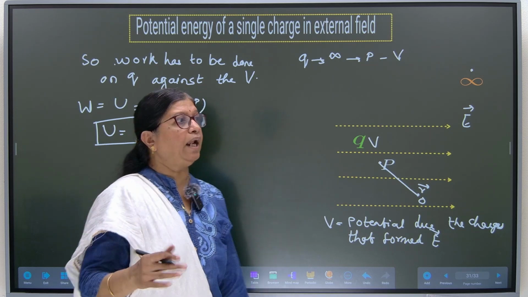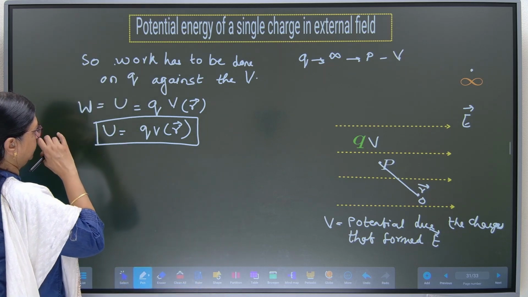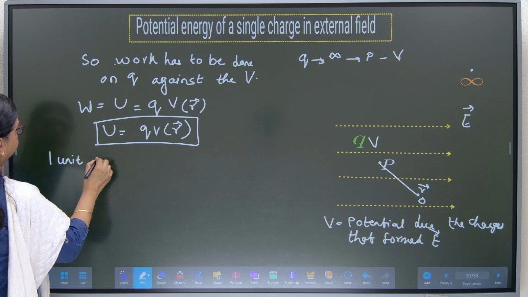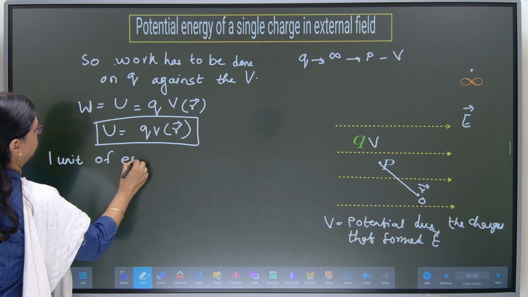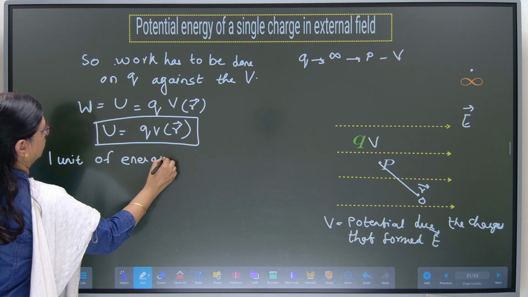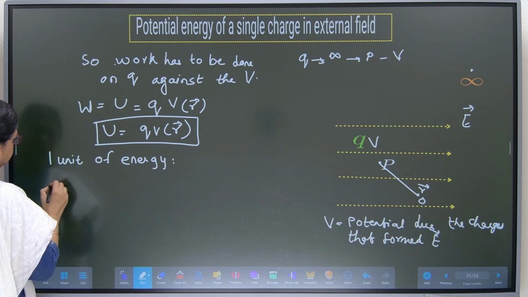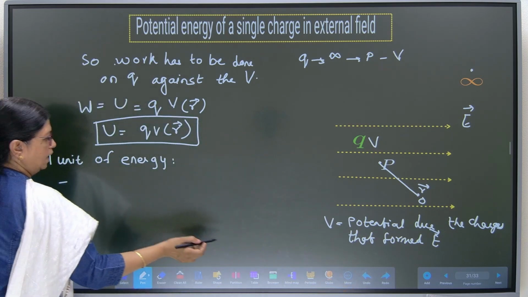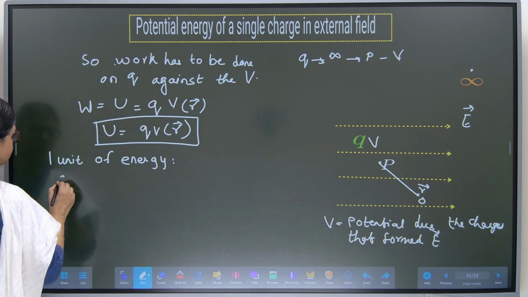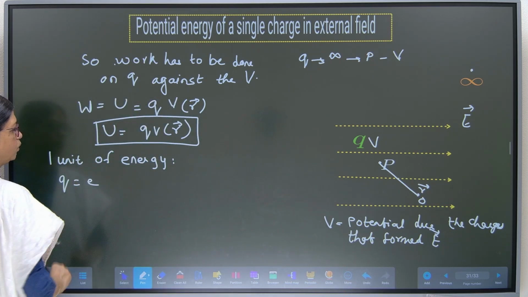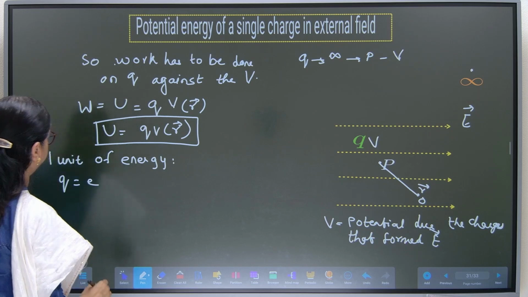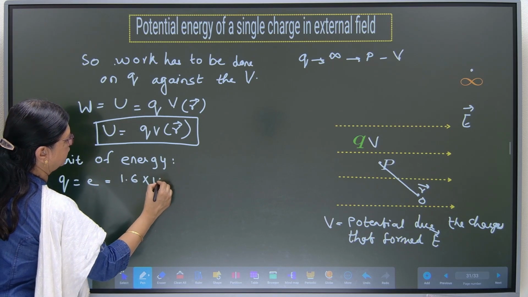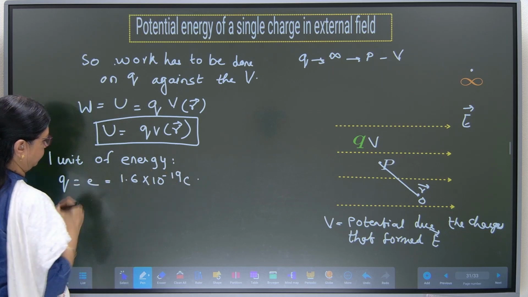Okay. Now, from here, let us understand one unit of energy. Okay, so let us consider Q, that is charge Q, is equal to an electron, single electron, which is having a value of 1.6 into 10 raised to minus 19 coulomb.